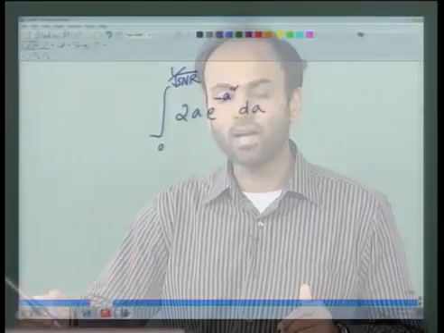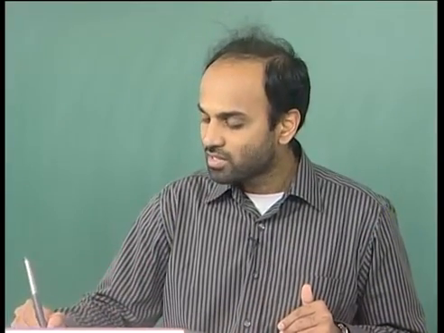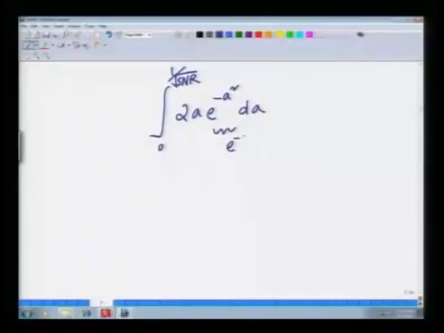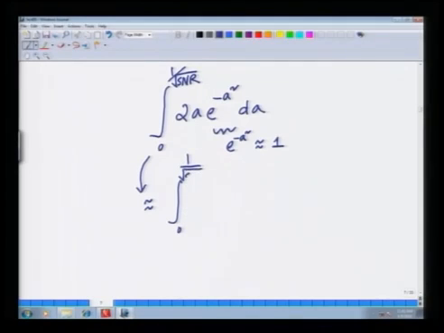So, if SNR is very high, this is almost 0, which means e power minus a square is approximately equal to 1. So, I can approximate this integral as approximately the integral from 0 to 1 over square root of SNR of 2a dA, because e power minus a square is approximately 1.